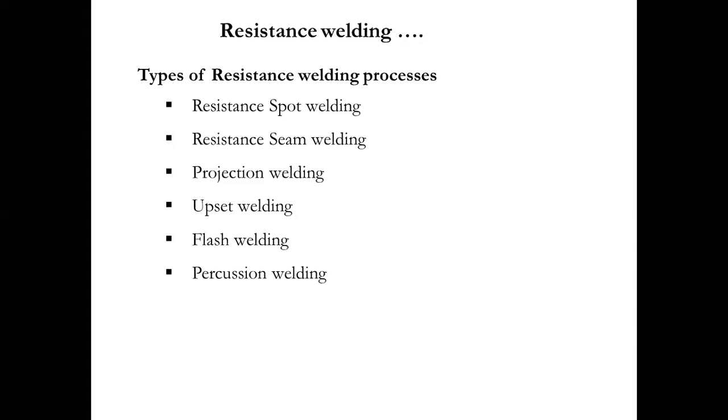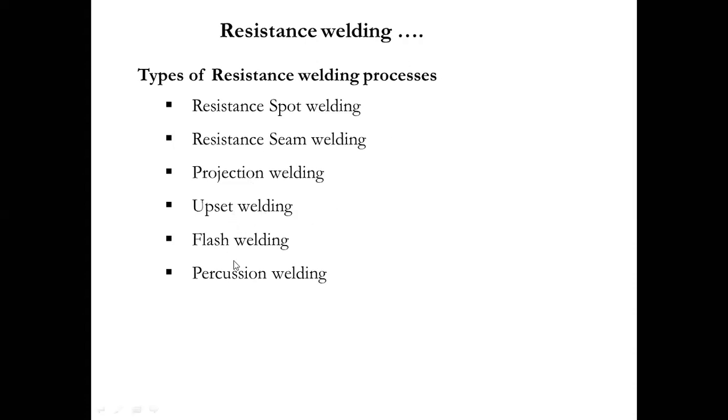Whereas in spot welding, in your lab, you were doing a single spot, moving the workpiece, and doing the spot again, moving it forward. Whereas in projection welding, you will get six projections or six spots at a time. When you send the current and apply the pressure at a time, you will get six spots at a time. That is projection welding.